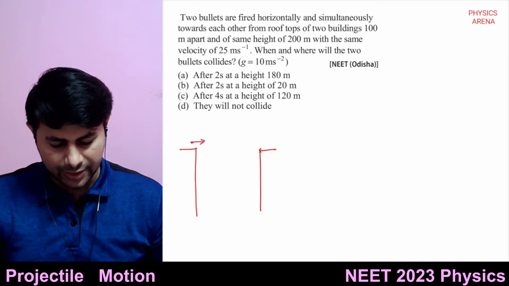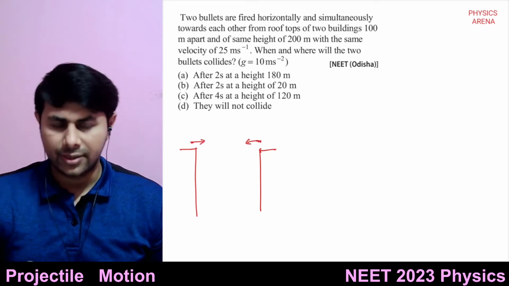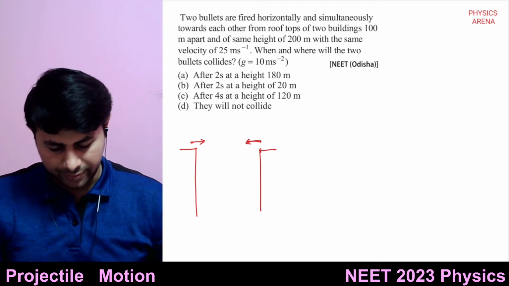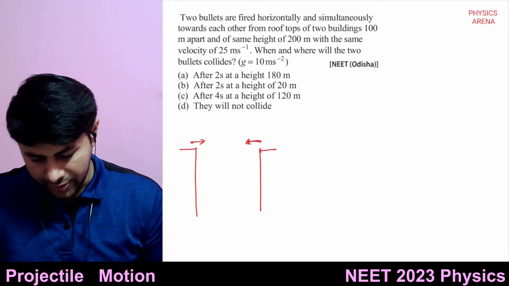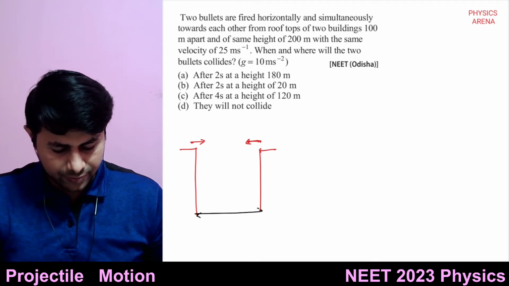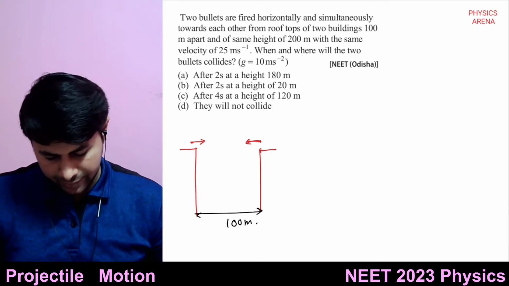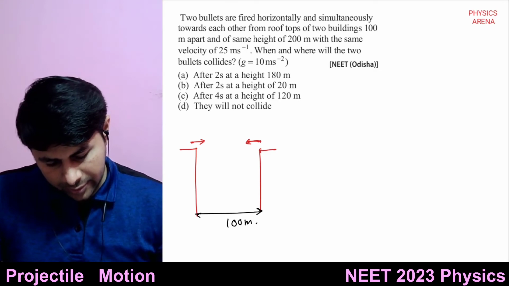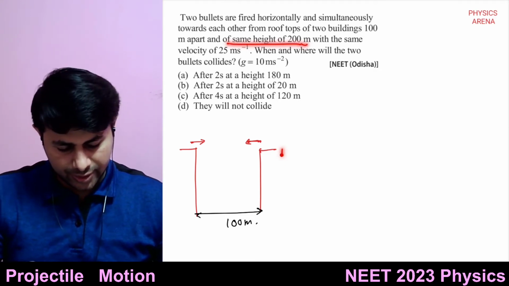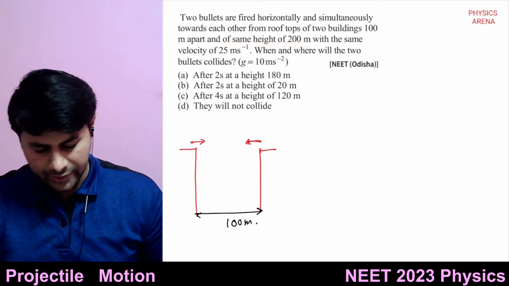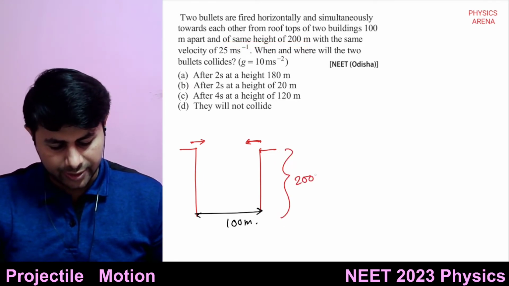One bullet is fired like this, another bullet like this, horizontally. And this horizontal distance is 100 meters. Both buildings are of the same height of 200 meters.